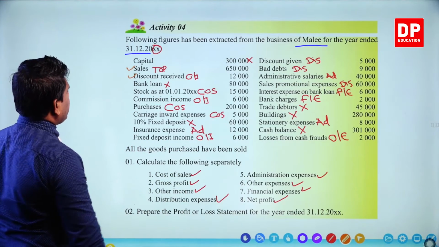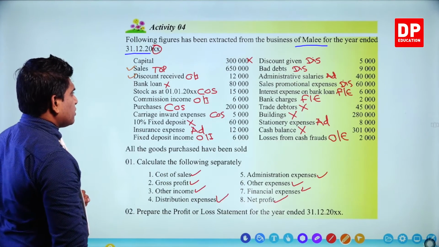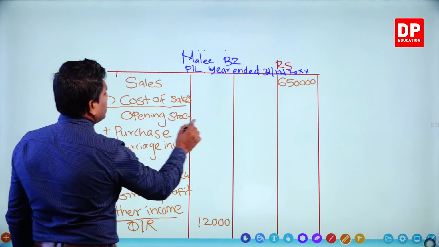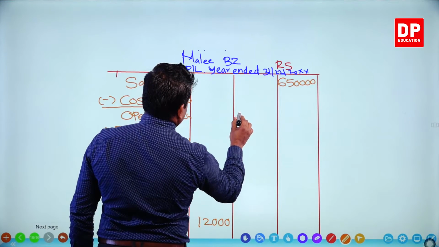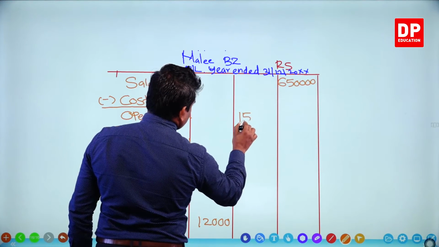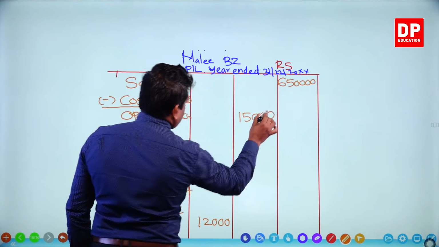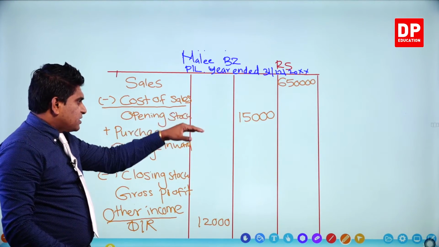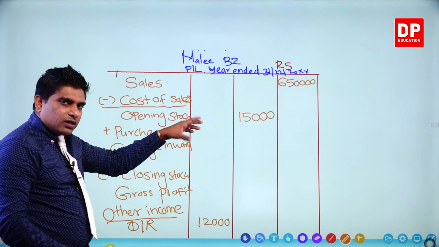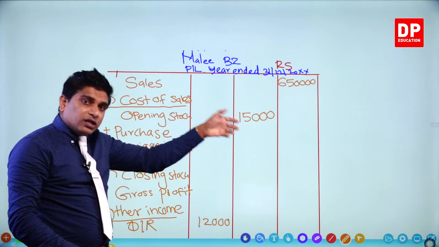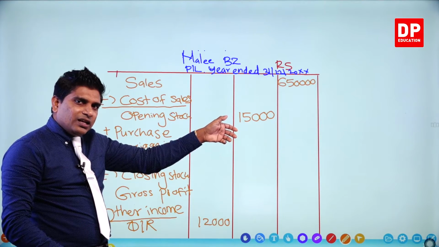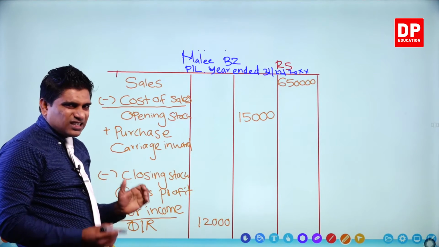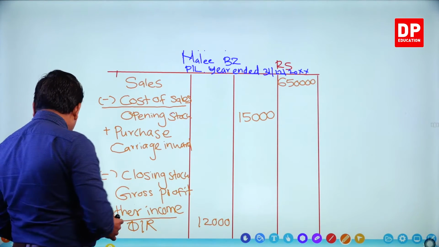Bank loan we don't take. Opening stock, 15,000. We put it here. Opening stock we write in the second column. Why? Purchase we write in the first column and we have to add carriage inwards. Then the final answer we bring to the second column, right? Finally we add these two and from that we subtract closing stock. It is the method, right? Okay.